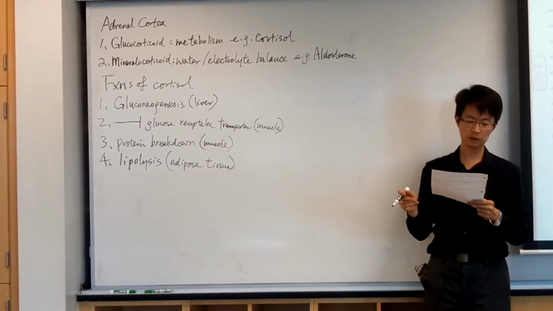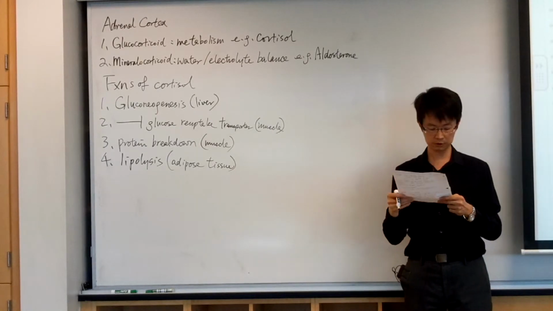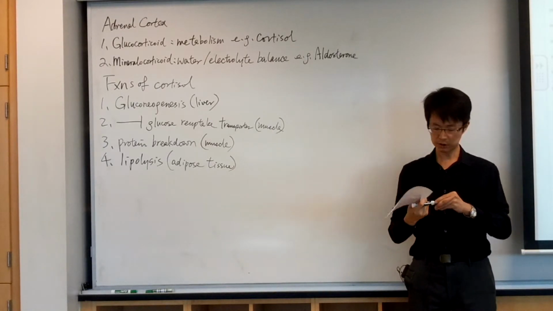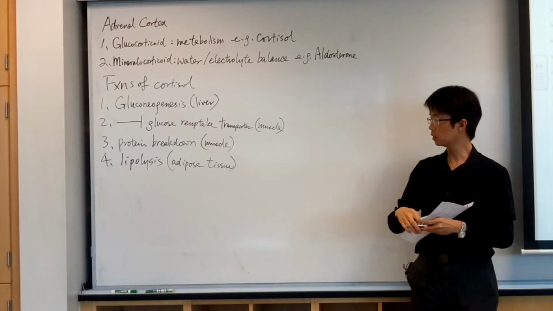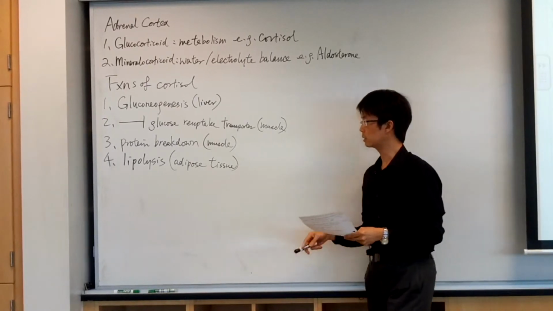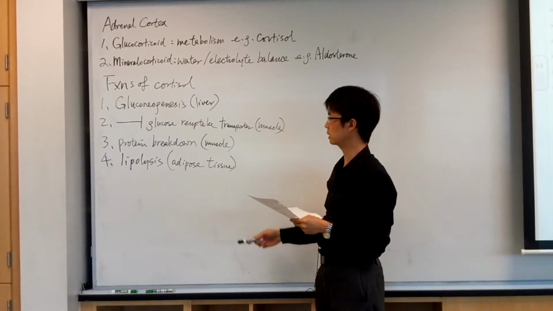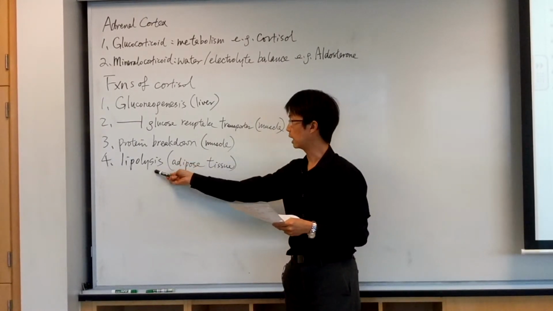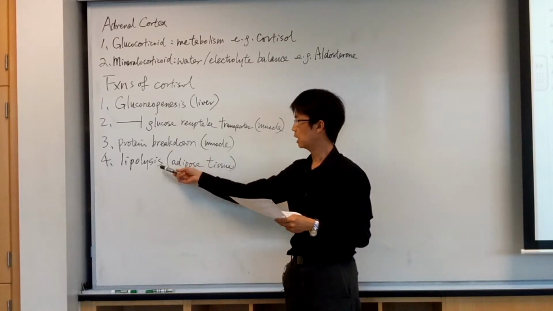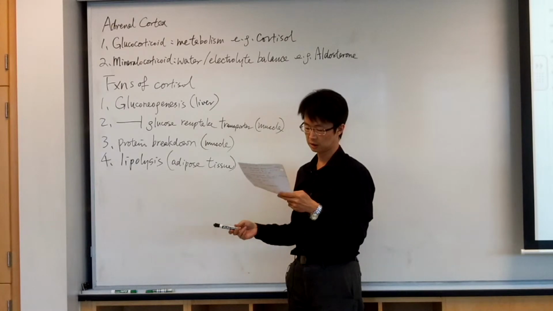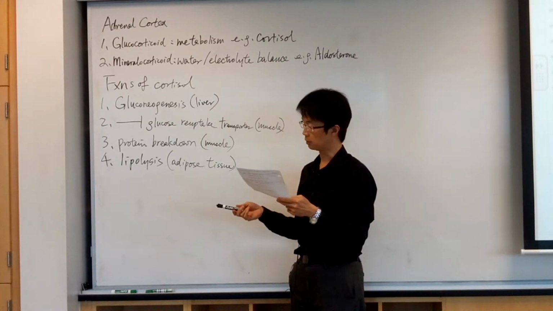So may I ask, is cortisol a form of anabolic hormone or catabolic hormone? Cortisol, is this anabolic or catabolic? Well, as you can see, the breakdown, lysis, it already implies something: it is a catabolic hormone.